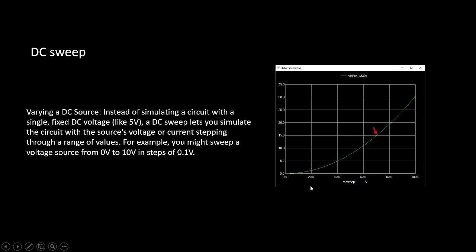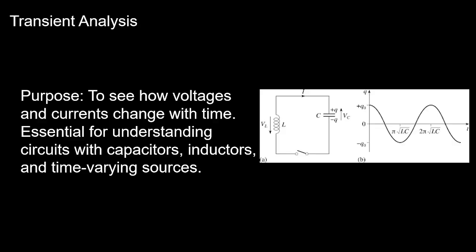Instead of giving a constant voltage, you are sweeping your voltage and finding the response, maybe the output voltage or output current, and you can get a graph from it. In this setup, you have to give the initial voltage, final voltage, and the step size in the boxes provided for the DC sweep.